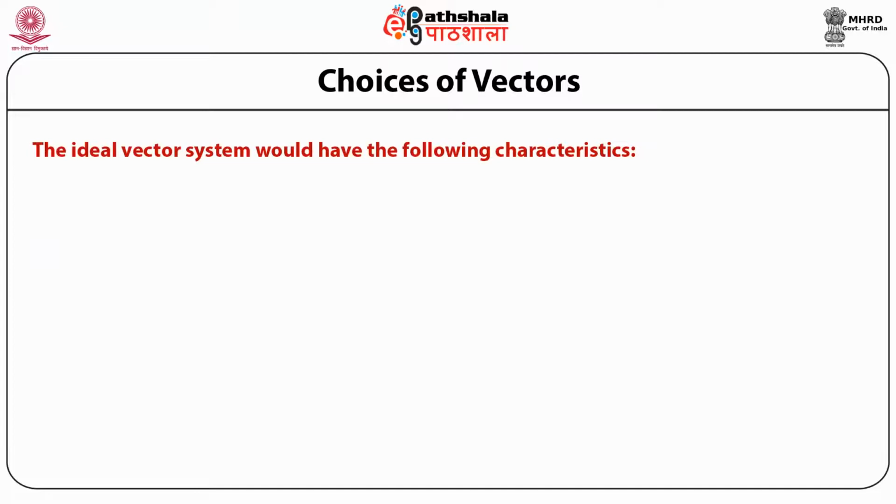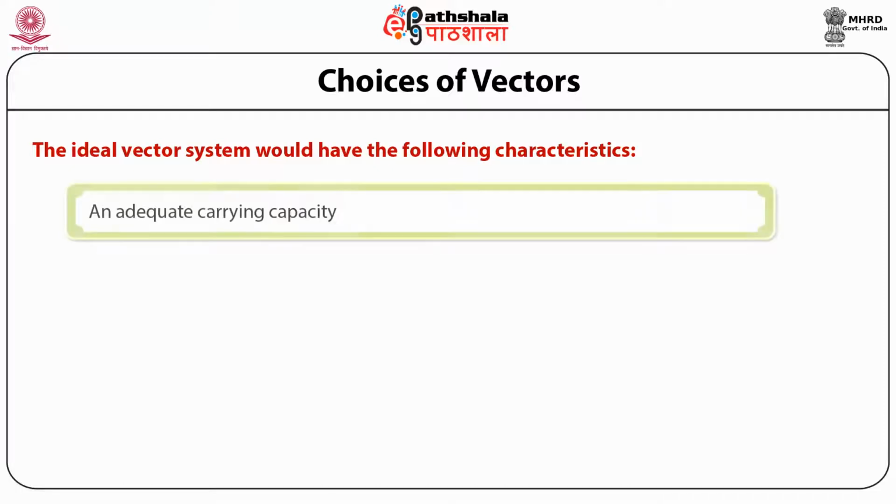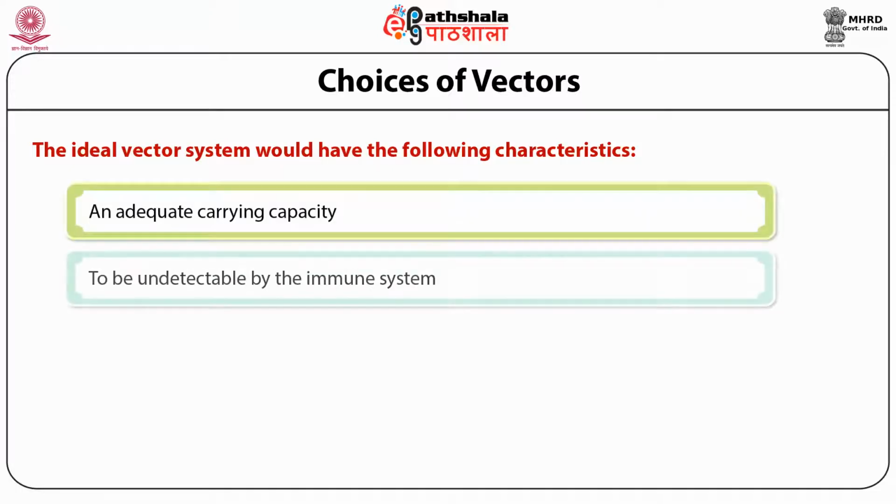So before we choose the vector system, what kind of vector system would be ideal for gene therapy, we need to know the characteristics of the vector. These are the characteristics which will decide which is utilized for gene therapy. They should have an adequate carrying capacity. They should also be undetectable by the immune system.